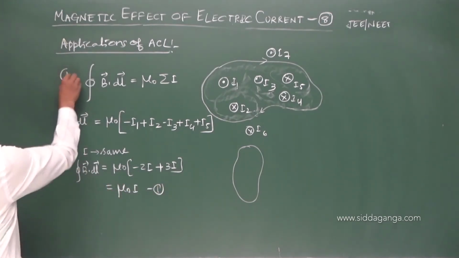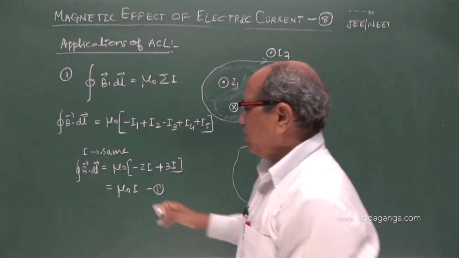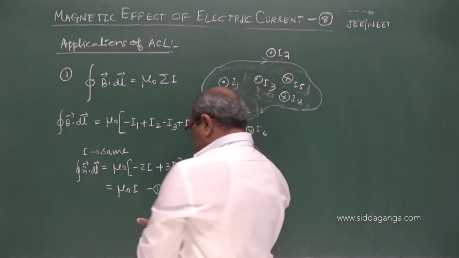That is one case shown. If the figure is given and you are asked to find the magnetic field B dot dl, it is given by this. Let us take another example.